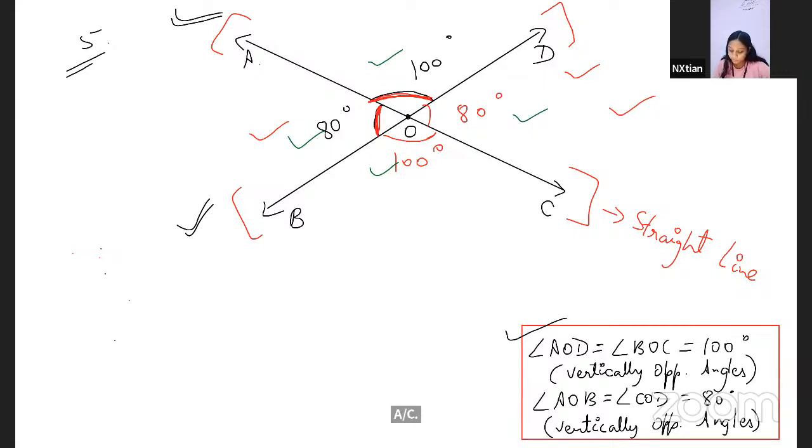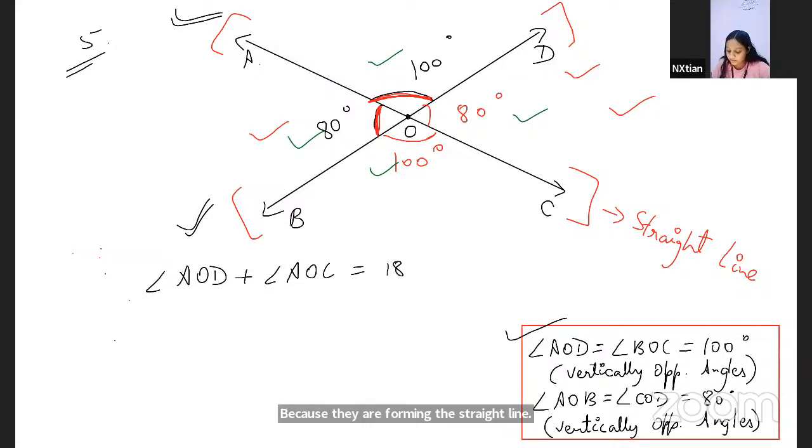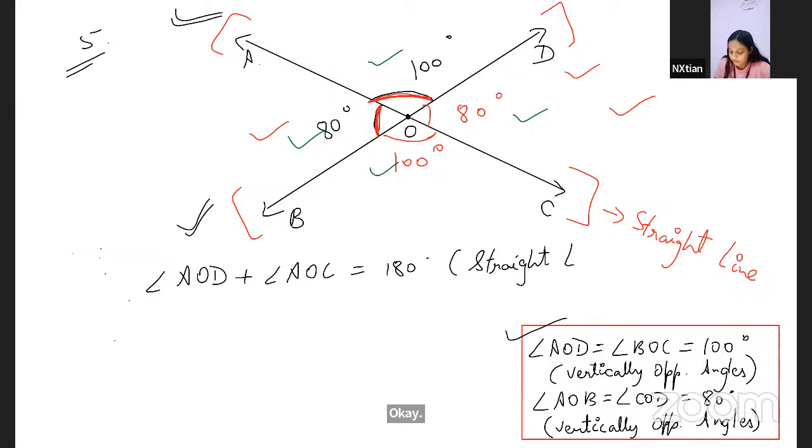So angle AOD plus angle AOC, because they're forming on the straight line AC, their total will be 180 degrees, because they are on a straight line.